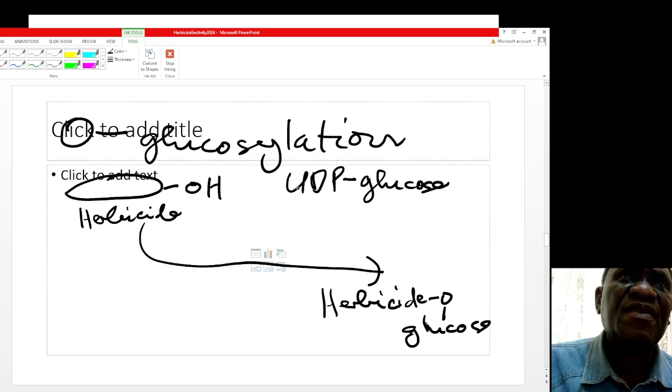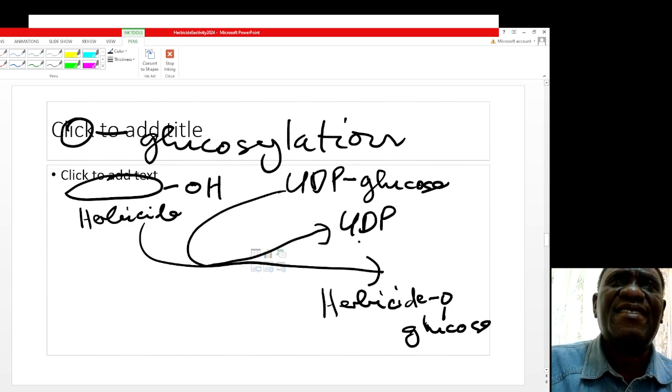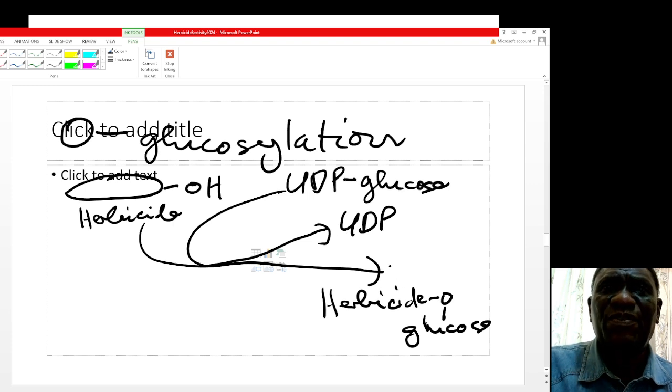It will be donated here and UDP is released, whereas the glucose becomes part of the herbicide.